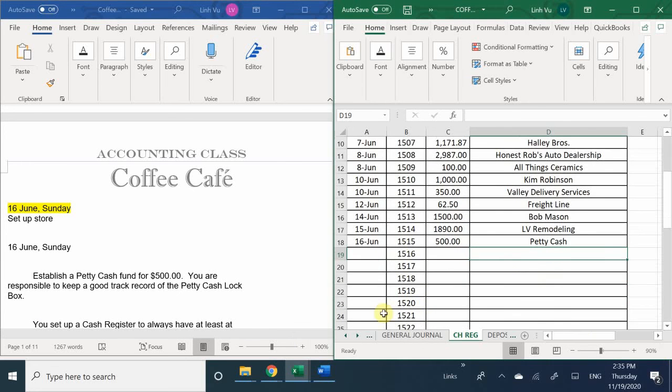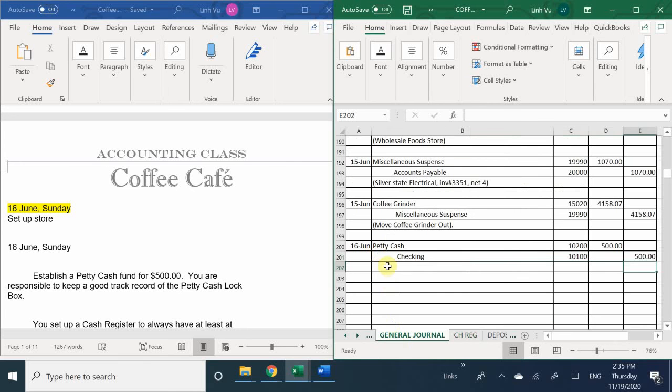So we're back to the journal because now we have to put that. Would you put that you established petty cash, or does the transaction itself tell you that? Check number 1515, establish petty cash.